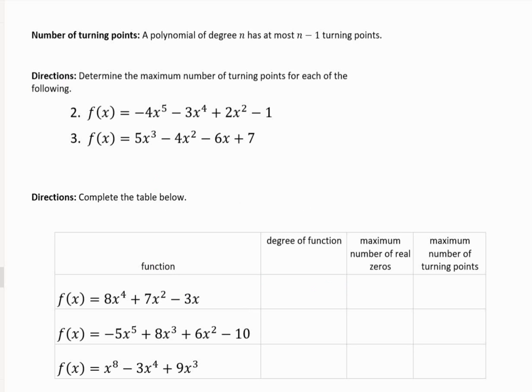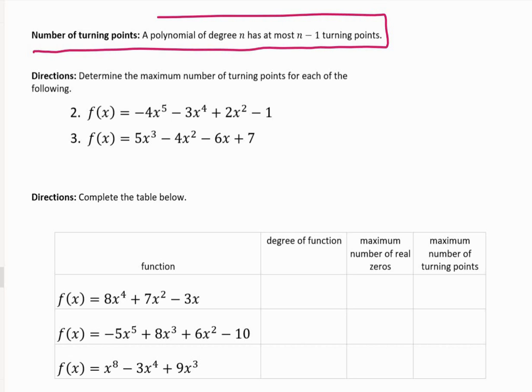Okay, now we're going to be looking at the number of turning points, and a polynomial of degree n has at most n minus 1 turning points. The directions for my first set of problems here is determine the maximum number of turning points for each of the following.